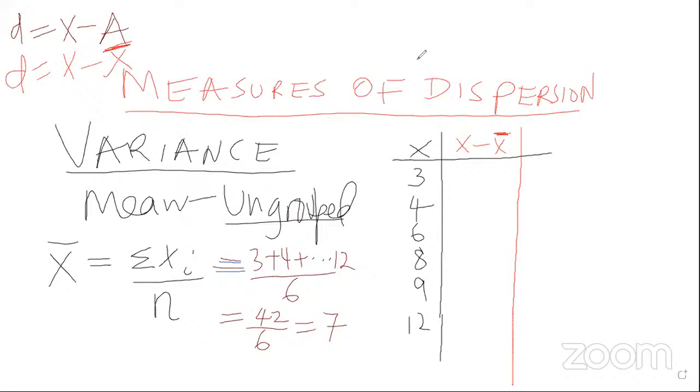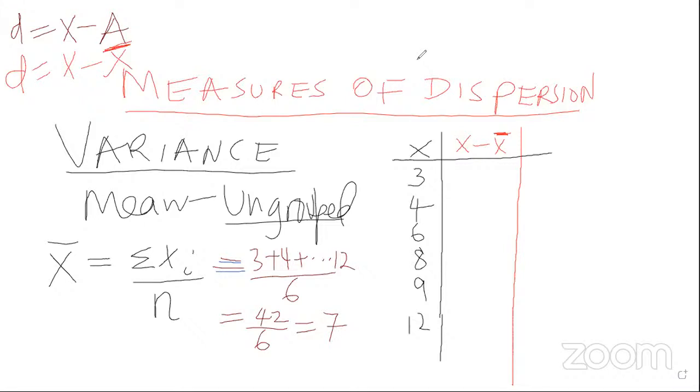So we want to find the deviation in terms of how the student who got 3 deviated from the class mean. For example, if somebody got 3 out of 15 and the mean of the class is 7, what is the deviation?